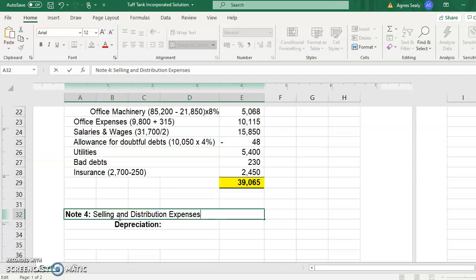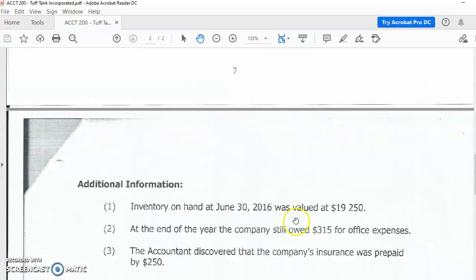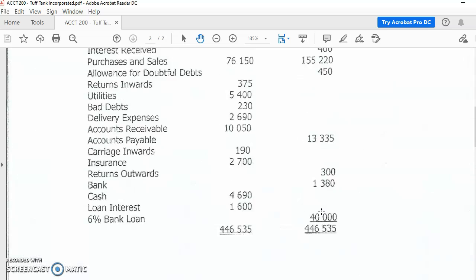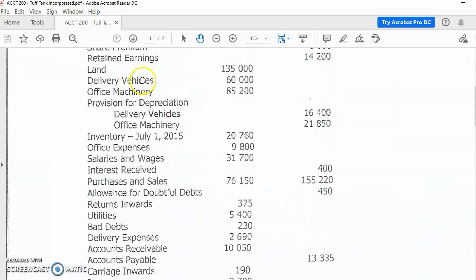So let's calculate our selling and distribution expenses. When we look at the question previously, we had stated that the delivery vehicles had to do with selling and distribution. So therefore the depreciation associated with that delivery vehicle would fall under that heading.